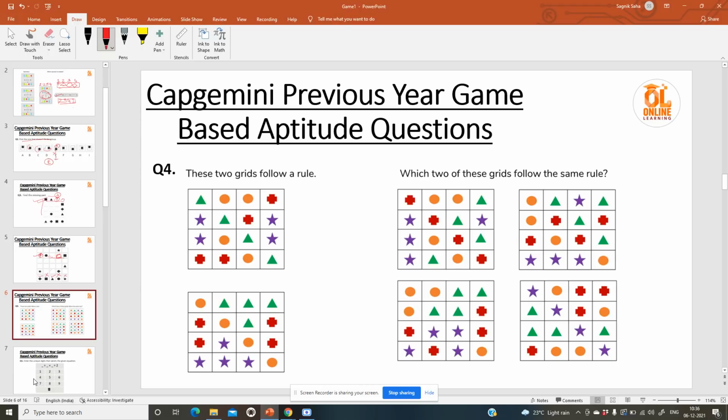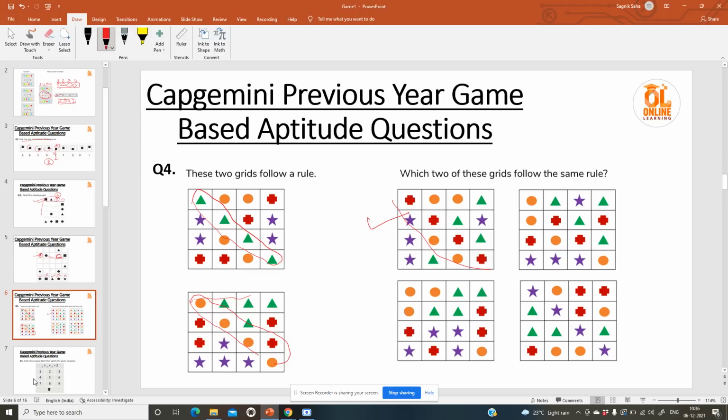So in columns, nothing is common. In rows also nothing is common. But if you observe the diagonal here, all the shapes are same. Same way here also all the shapes are same. So this is the logic. Just now see this.